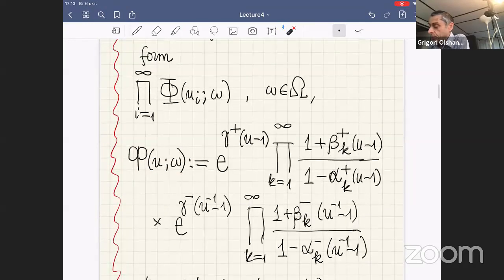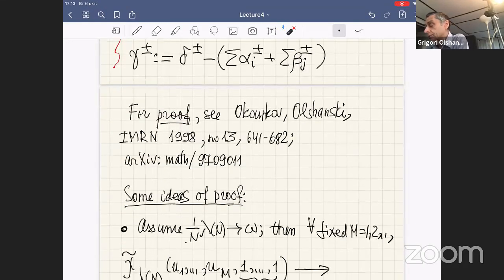The proof, I will not give a detailed proof. It's not too simple. So this is the reference. Actually, in this reference, we are dealing with more complicated objects, a certain deformation of the Schur functions of the characters, the so-called normalized Jack polynomials, but it's not difficult to extract the result related to the characters.